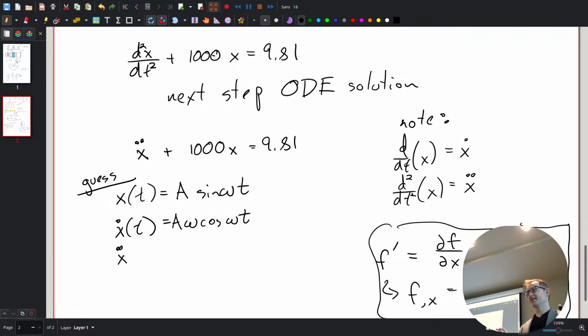All right, we're going to plug all those back into the original equation. Second derivative, what is that one? Omega squared, yep.